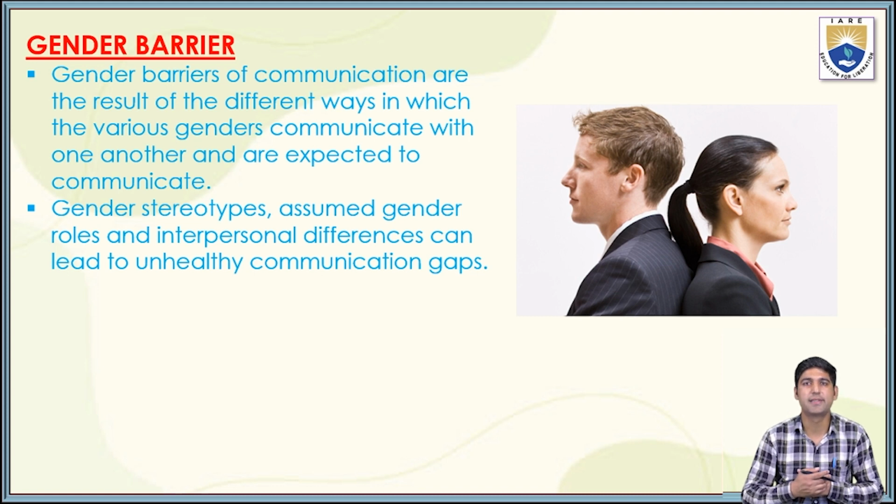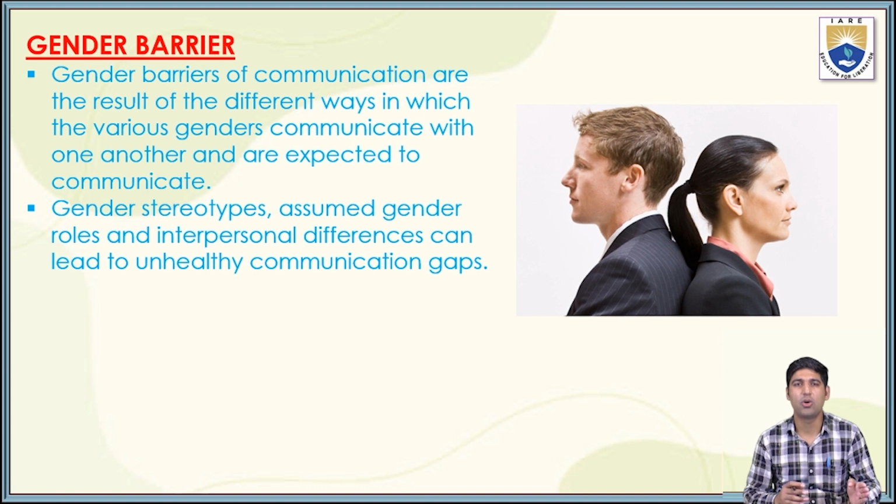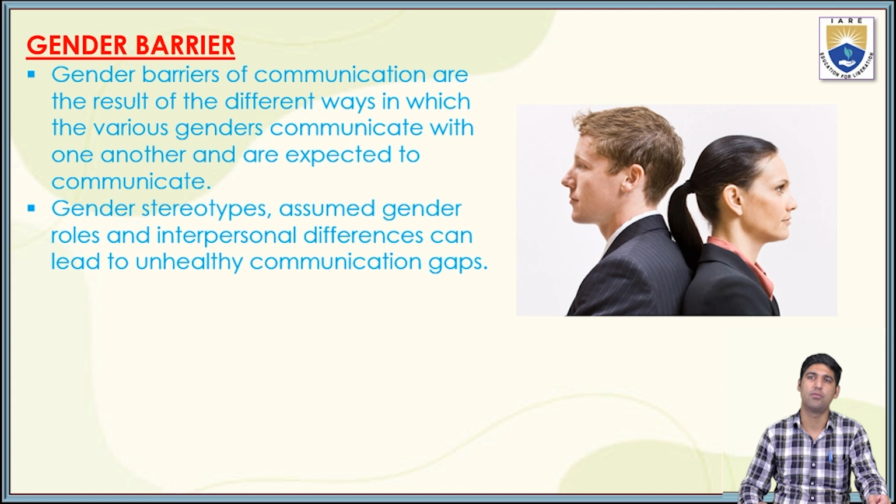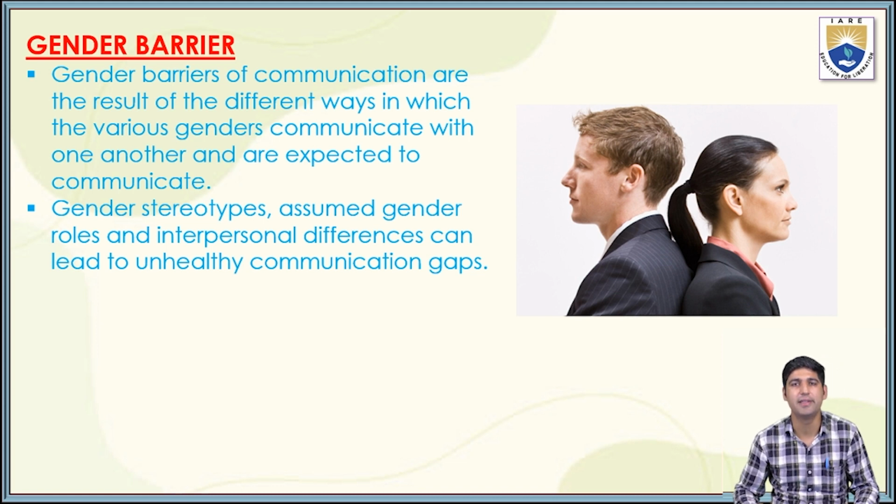Nature has created man and woman as equal. So there should not be any stereotype, or any role which is fixed to a woman or to a man. Not at all. By doing this, we are creating gender barriers.